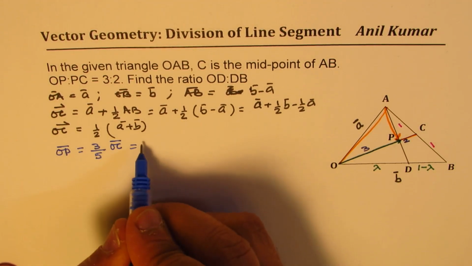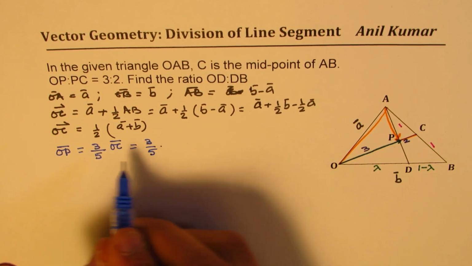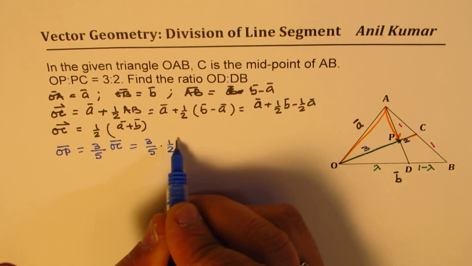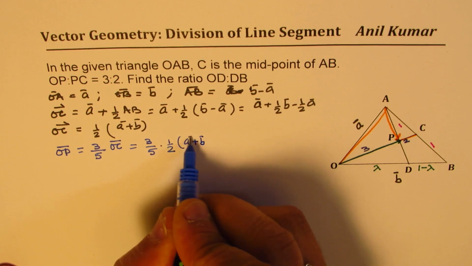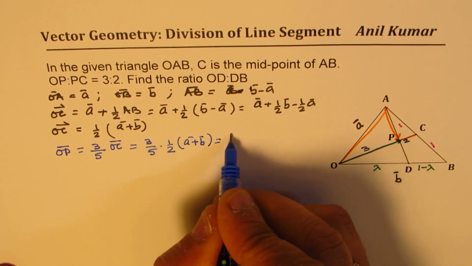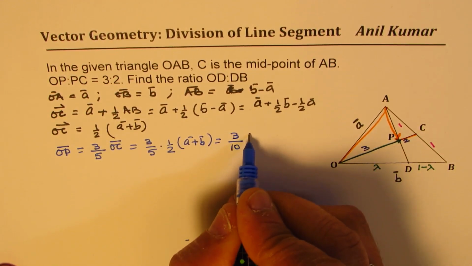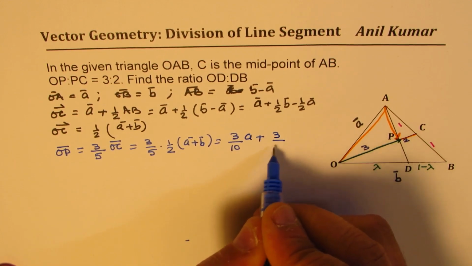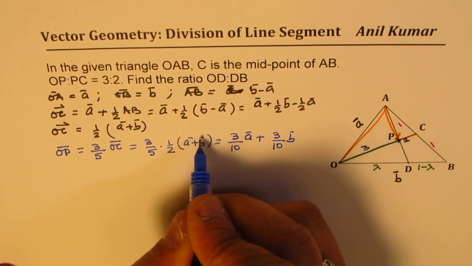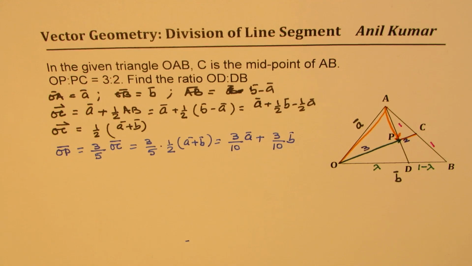So that gives you 3/5 of half of A plus B, correct? Or you could write this as 3 over 10 of A plus 3 over 10 of B, right? So these are all vectors. So we got one way of defining OP.